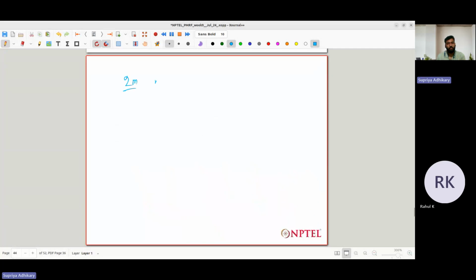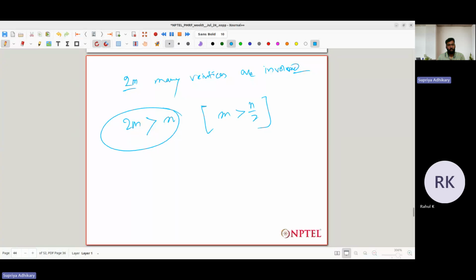So 2m many vertices are involved. But now 2m is greater than n, because we had taken that m is greater than n over 2. So therefore 2m should be greater than n, but this is a contradiction.